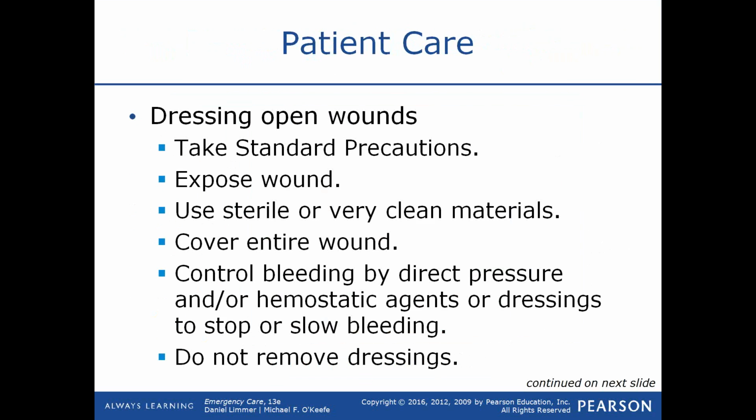Now, if the bleeding is significant, apply direct fingertip pressure and the use of a hemostatic agent, a dressing saturated with a hemostatic agent packed into the wound with fingertip pressure. Or if the bleeding is massive, go right to a tourniquet.